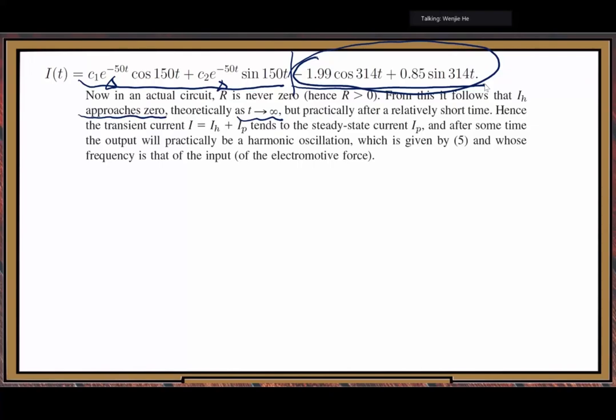That is called the steady state current. This IP is called steady because the RH part converges to 0, almost 0. So that's the concept of the steady state current.